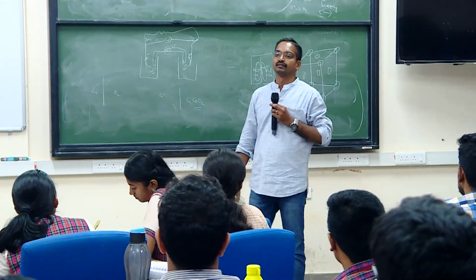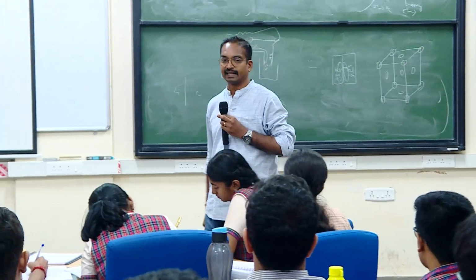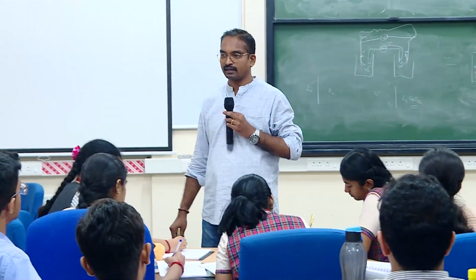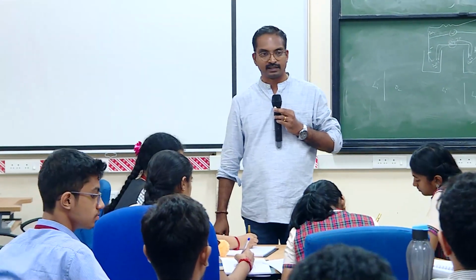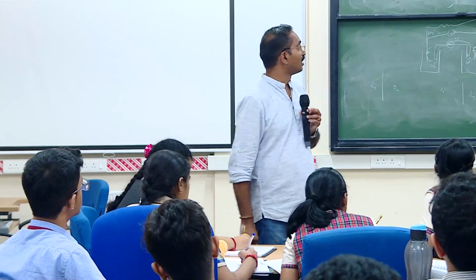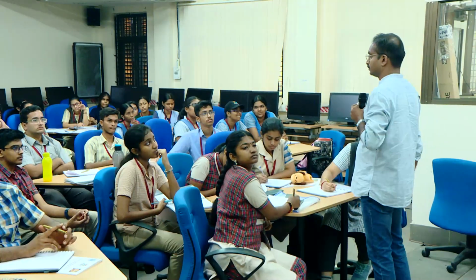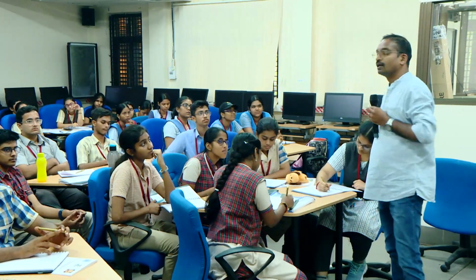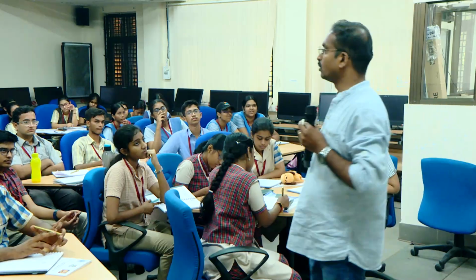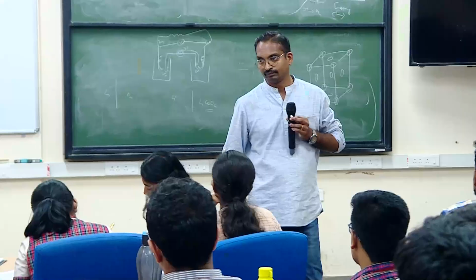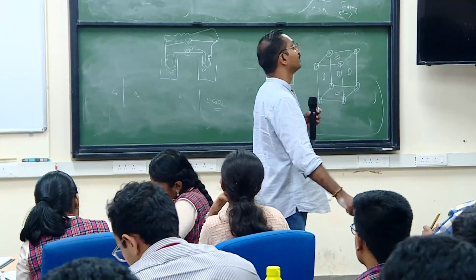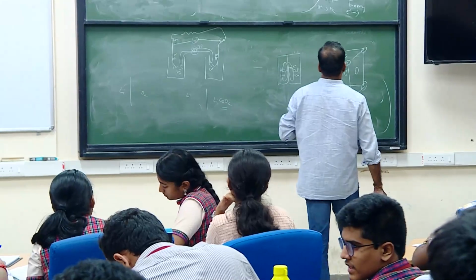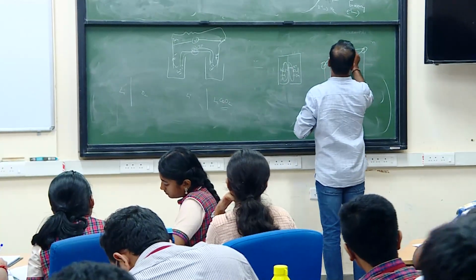This is a face centered cubic lattice, cubic close packed lattice, CCP or FCC. Imagine all the circles I have put there are chloride. Now, sodium chloride has one sodium for each chloride. Where will the sodium be? Sodium will be here at the edge center.